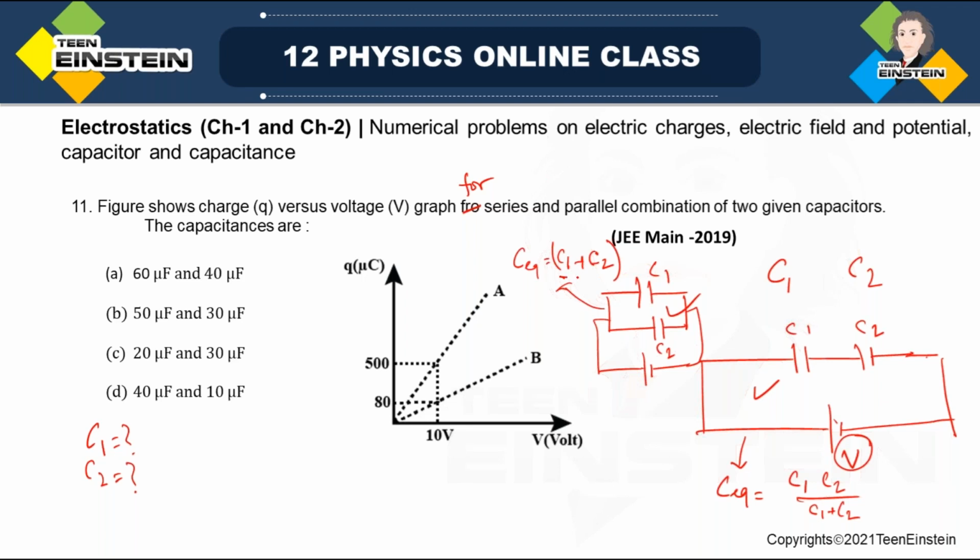Obviously the parallel combination, because we know charge stored will be Q is equal to CV. That means Q is directly proportional to C. So if the capacitance is more, then capacity of holding charge also will be more. Therefore this graph A is definitely for parallel combination.